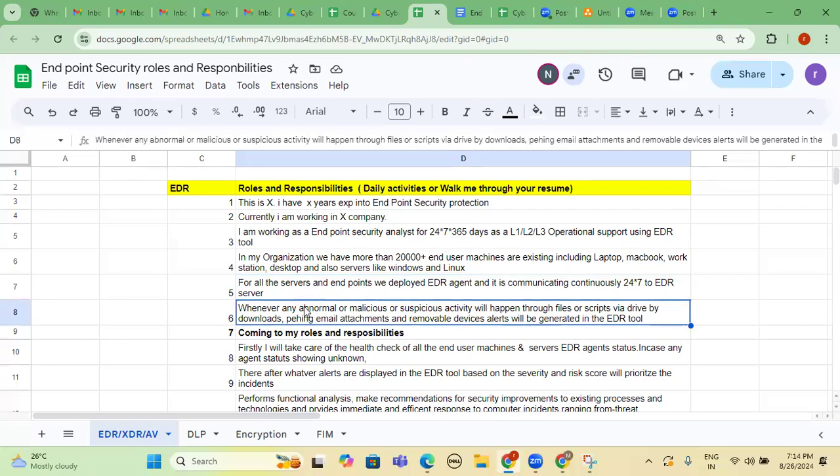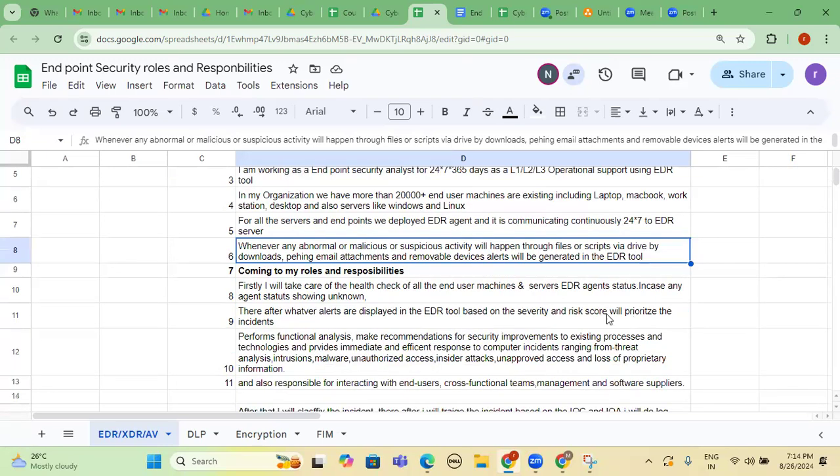Whenever any abnormal, malicious or suspicious activity happens, such as driver downloads, phishing malware attachments or removable devices, the EDR agent communicates and finally an alert, incident or alarm is triggered on the EDR tool, or an email notification is sent.